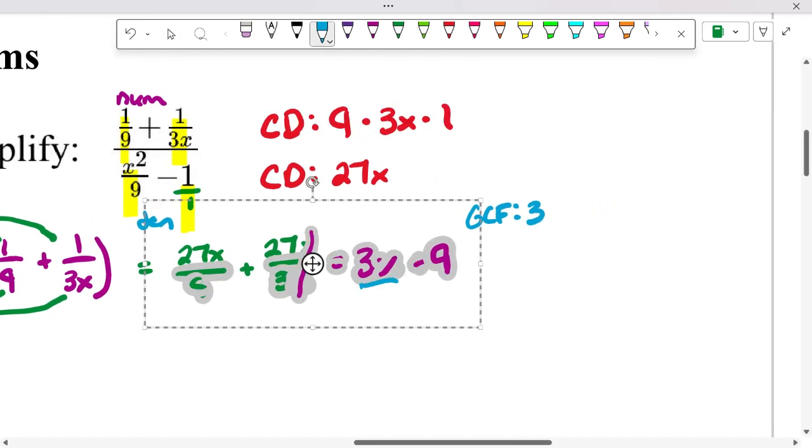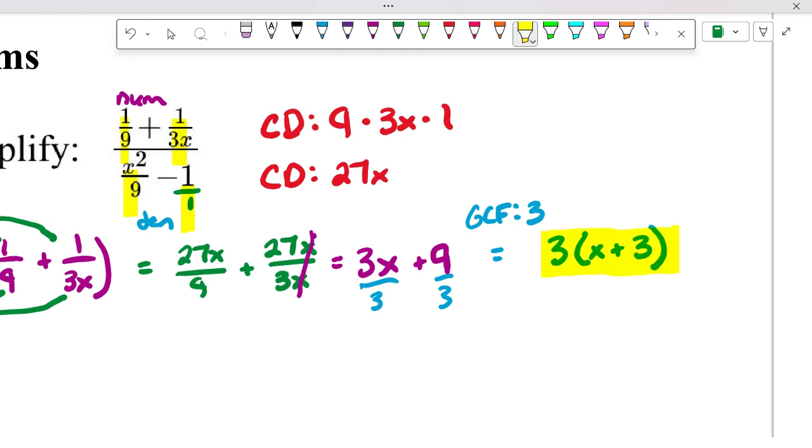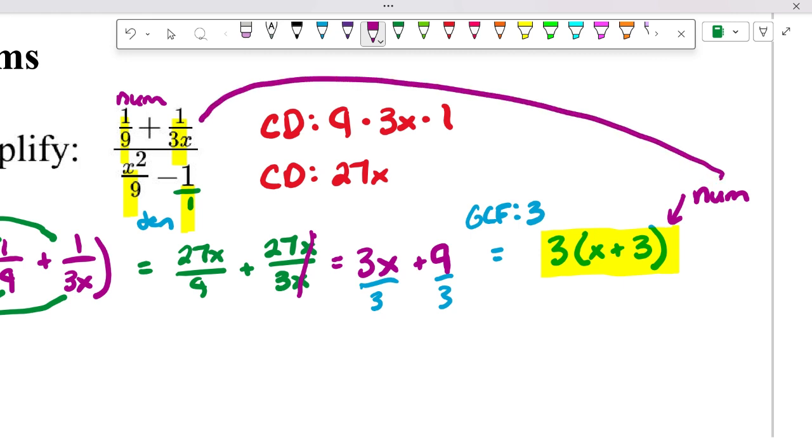So if I divide both these terms by 3, this would equal 3 times, and what's left? X plus 3. So this right here is my new numerator. Now we're not going to write the fraction yet because now I want to do my denominator, but just note that this is what we're going to replace with this when the time comes.